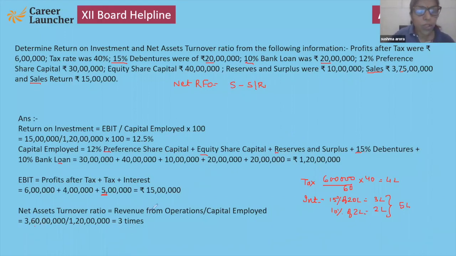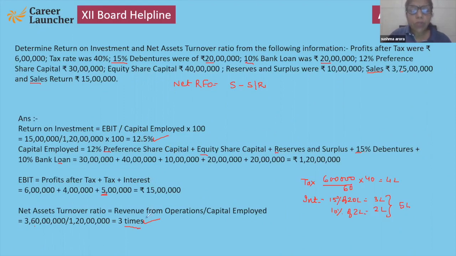I'm sure you all are able to understand this. See, return on investment will be in percentage while net asset turnover ratio will be in times. Be careful. Write down the suffix always. This is times in activity ratios, percentage in profitability ratios.